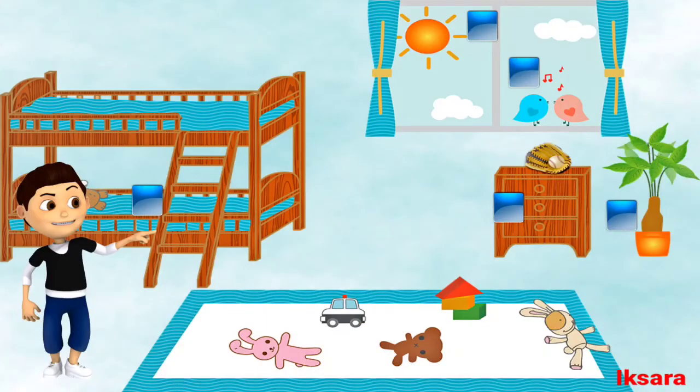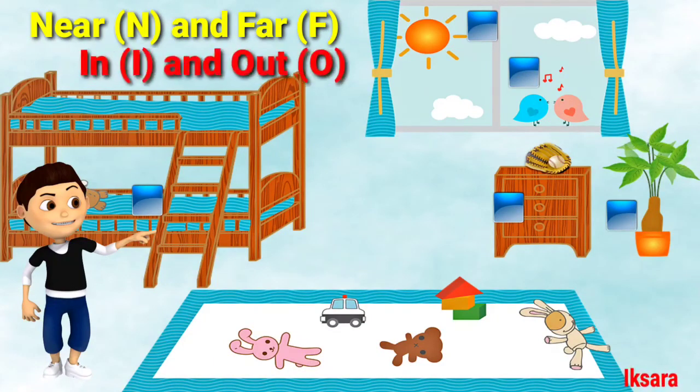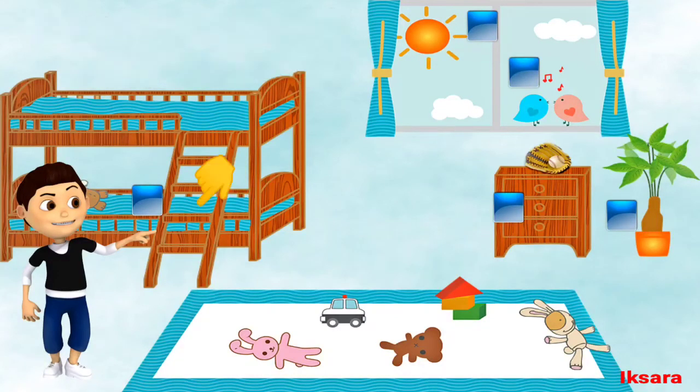Let us repeat this exercise of identifying near, far, in and out objects in this room also. The bed is near to Caleb because he can touch it. So we will write N in the box here.